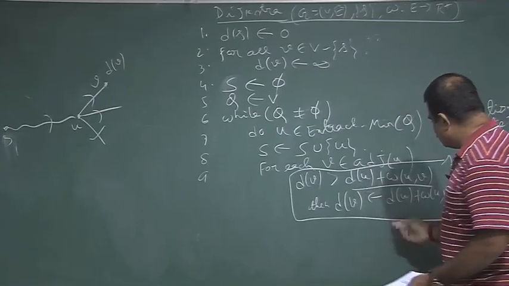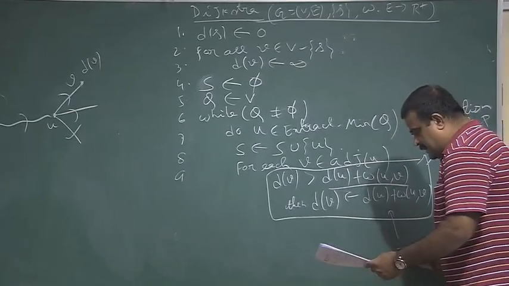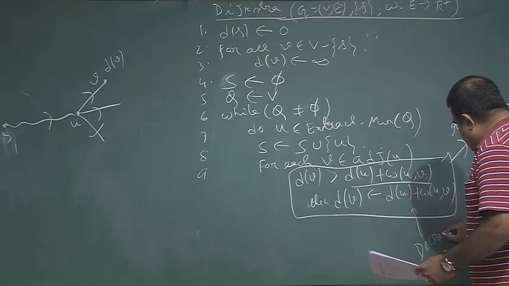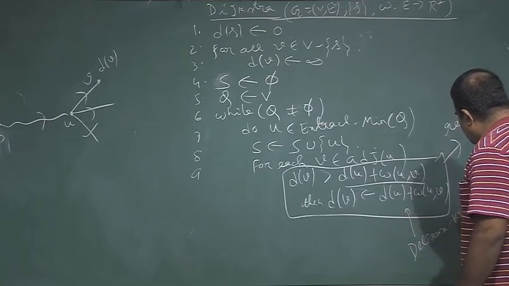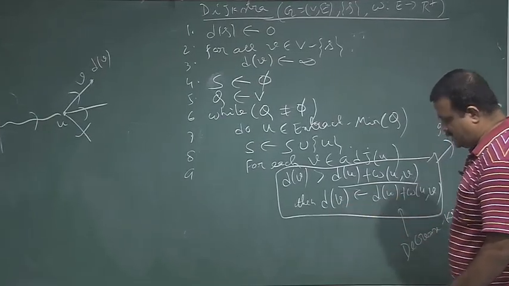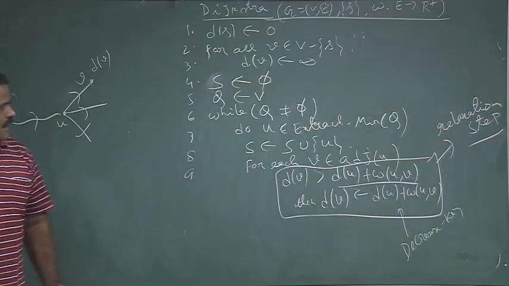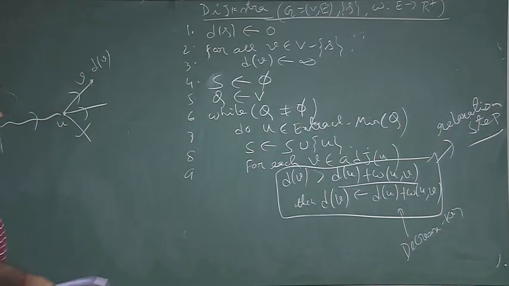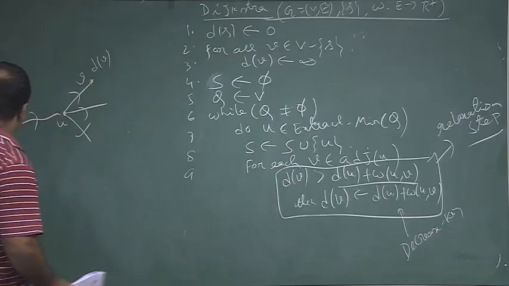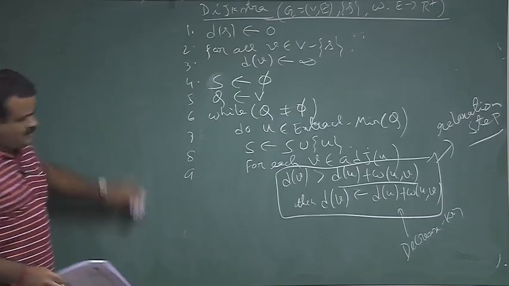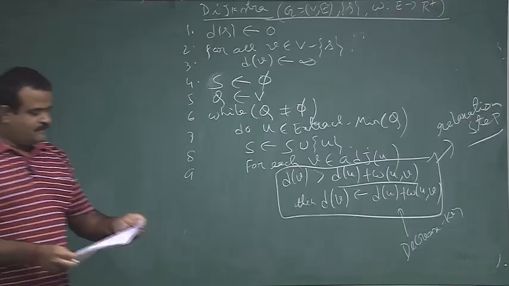And this is also called the decrease key. We need this when we talk about the time complexity, how we can go there and change it. So this is the pseudocode for Dijkstra's algorithm, and this step is the relaxation step. We will try to relax each of the vertices which is adjacent to it. Okay, so let us take an example.